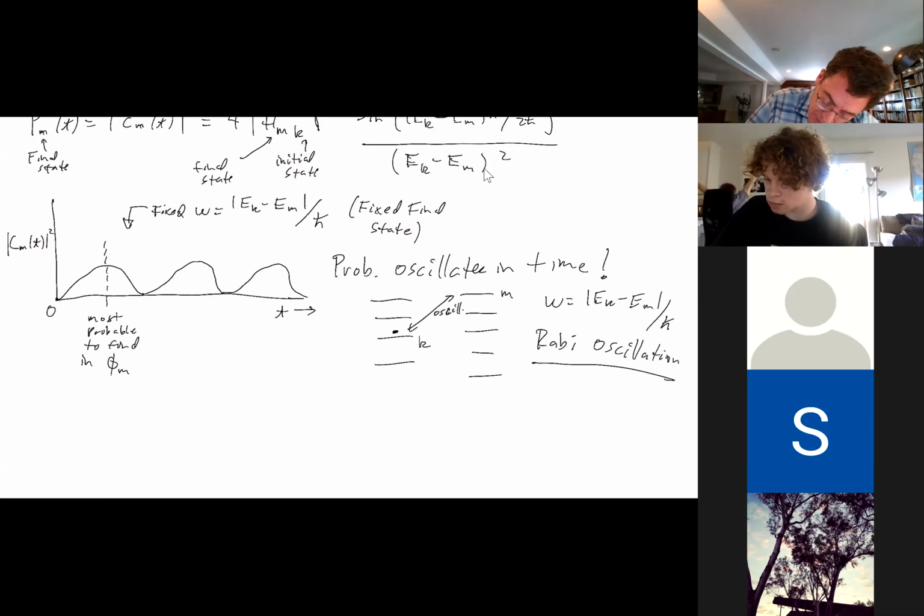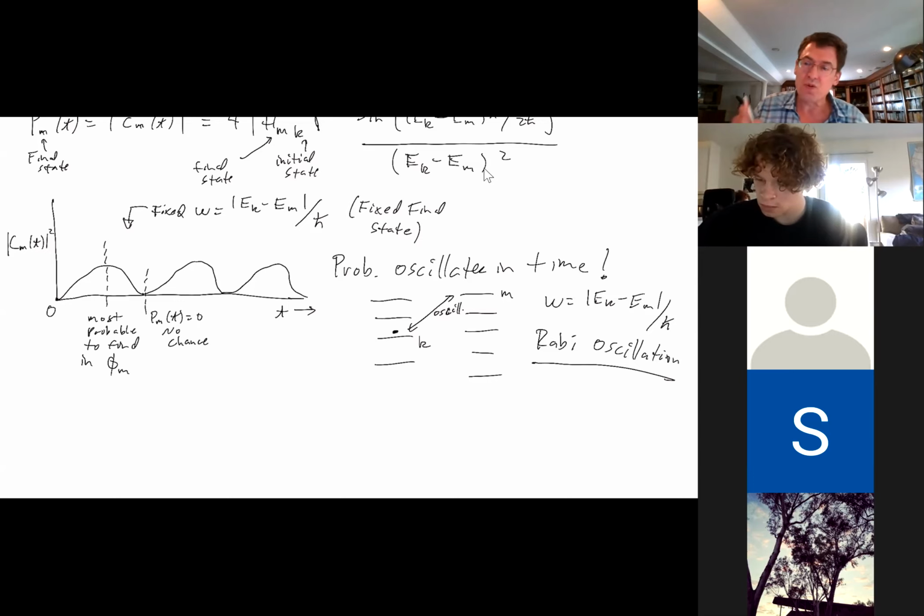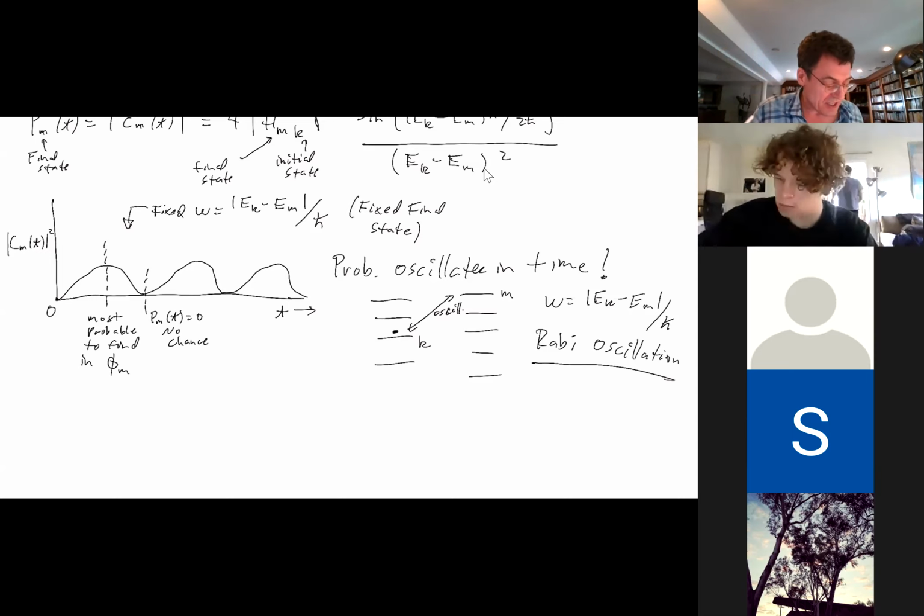But at this time, the probability is 0. So there's no chance it's in that state. So this is a really funky thing. It has some probability to be in the state, then it's not, then it is, then it's not, then it is. So it's oscillating in time. I want you to see that.